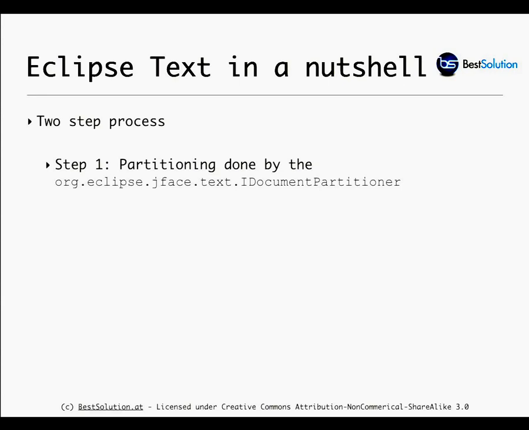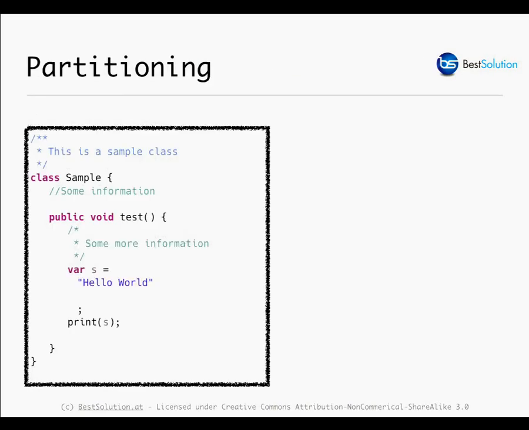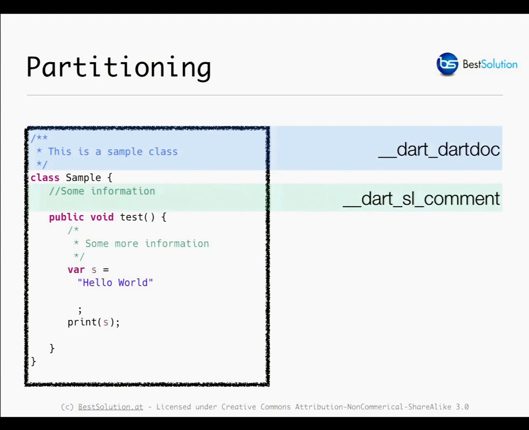They start with partitioning, and once they have the partition, they start the lexical highlighting of each partition that you are looking at the moment. This is done using the IDocumentPartitioner and the IPresentationReconciler. So when we look at a Java class, for example, the Eclipse Text framework creates partitions. The first is a JavaDoc partition, or this is a Dart file.